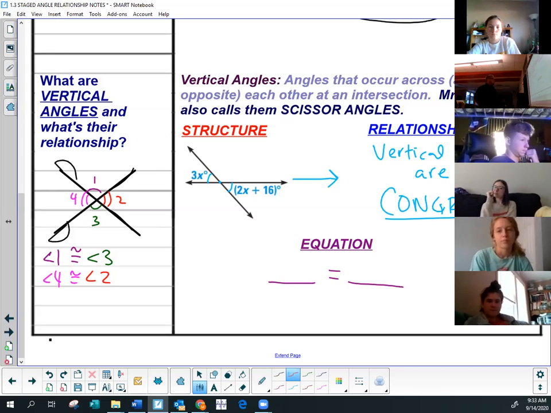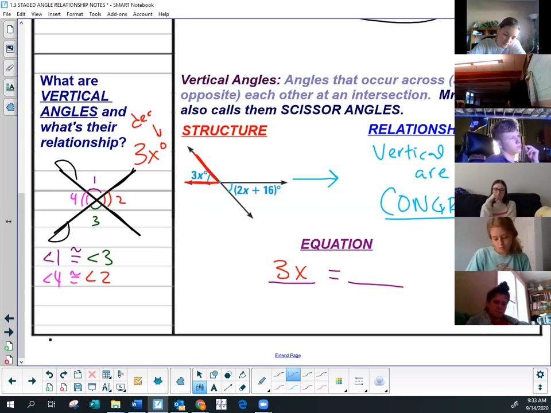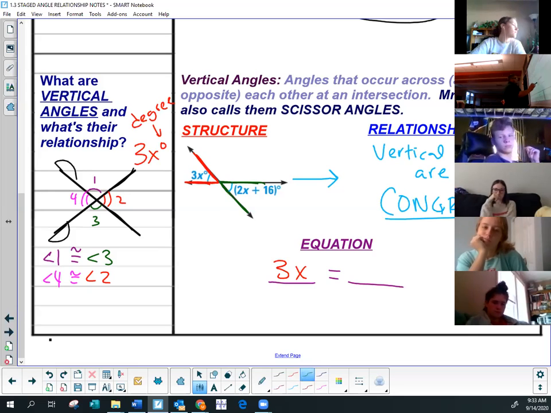What values should be equal? Three x should be equal to 2x plus 16. Absolutely. So we have this angle, and when you see this little mark, it's a degree mark. So we know it's something in degrees, but that's totally normal for angles anyway. And then we have this other vertical piece defined to be 2x plus 16.